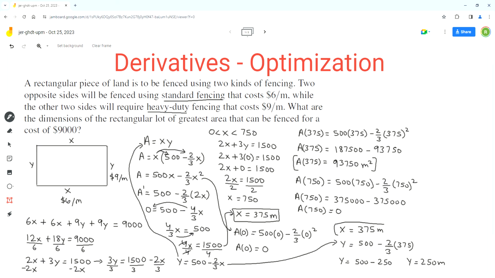So these x and y values are the final answer for this problem. So these are the dimensions that will maximize the area for a fence that will cost $9,000. So 250 meters by 375 meters.